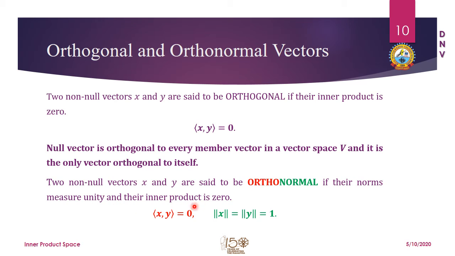So ortho is matched with the red equation, the inner product of x and y equal to 0, and normal is matched with the green one, the norm of x and the norm of y both equal to 1. This orthonormal concept will also be used in the Gram-Schmidt process of orthogonalization and orthonormalization of vectors.